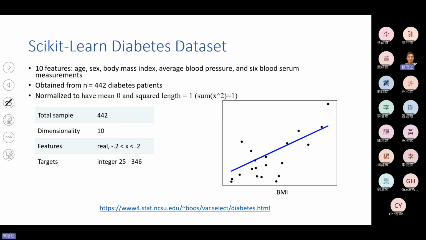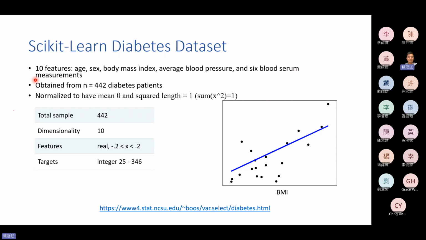So let's see a simple example. This is from the scikit-learn Python package. There's a diabetes data set. We want to find what's the feature related to diabetes, right? So there are 10 features: age, sex, body mass index, BMI, average blood pressure, and the 6 blood serum measurements.